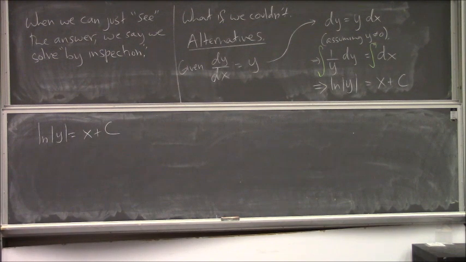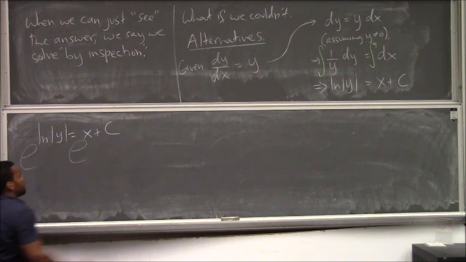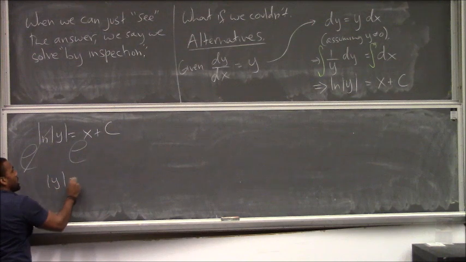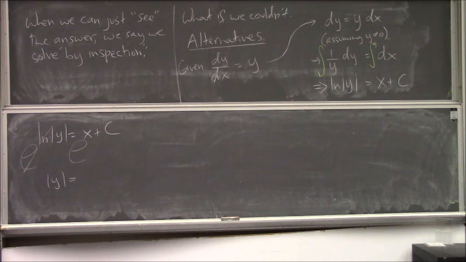Well, you plug both sides into the power of e, because you remember from algebra or pre-calc, maybe, that e's and ln's cancel each other. That's going to cancel this side. You're going to have absolute value of y. Over here, you're going to have e to the x plus c, which doesn't look like what we had before, but it's actually the same thing.